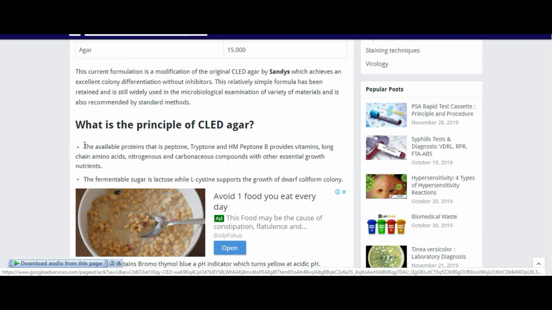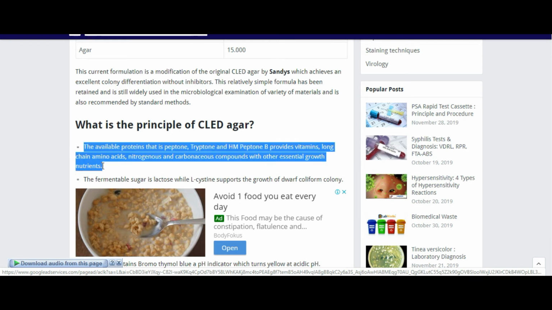You know, the idea behind the culture media is to promote the growth of bacteria. We are actually multiplying bacteria. It's just like you are trying to do a PCR, polymerase chain reaction, but here you are trying to multiply a single bacterium.